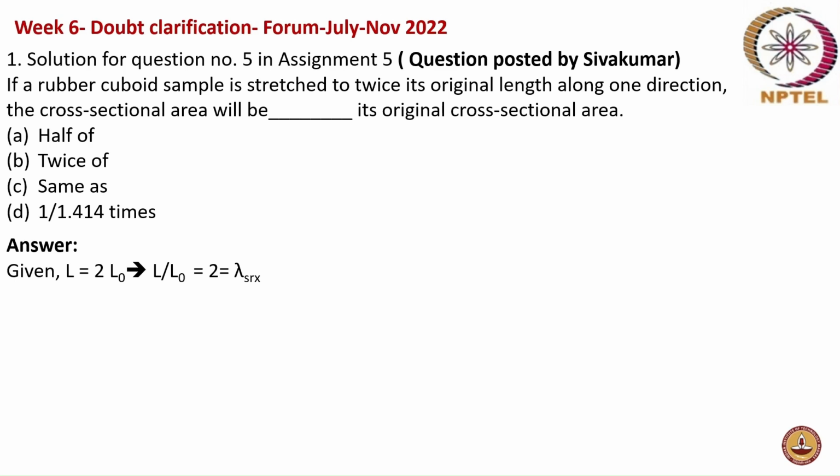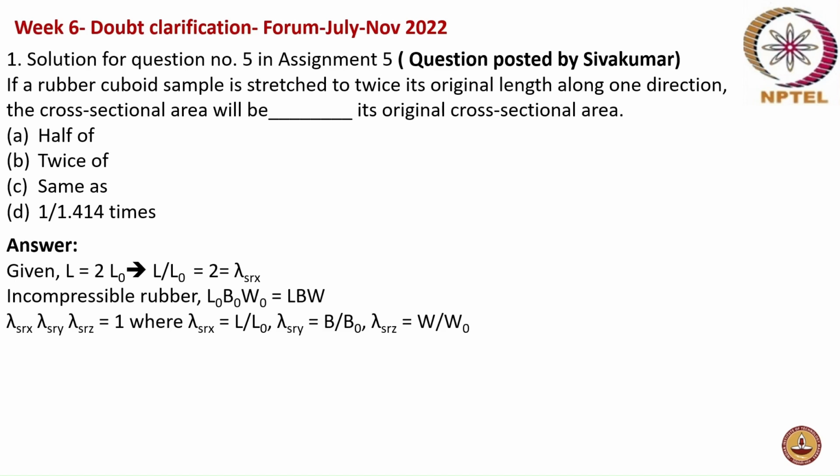That is your stretch ratio. So, incompressible rubber. The initial volume is equal to the final volume because you are assuming incompressible rubber. So L naught B naught W naught is equal to L B W. That means your lambda x, lambda y and lambda z multiplication is equal to 1.